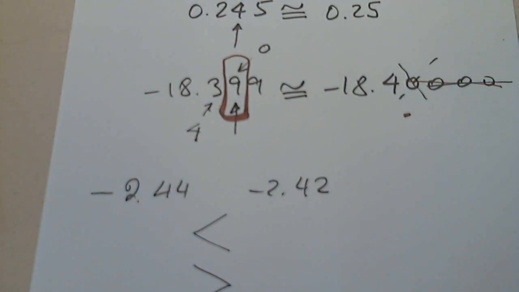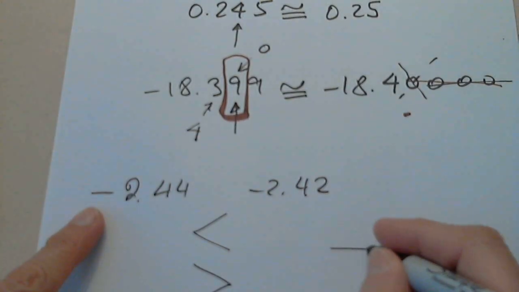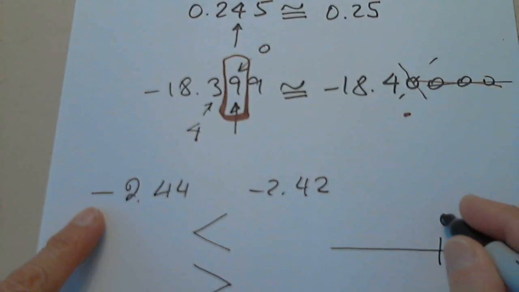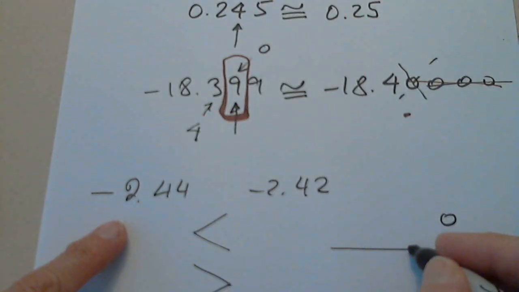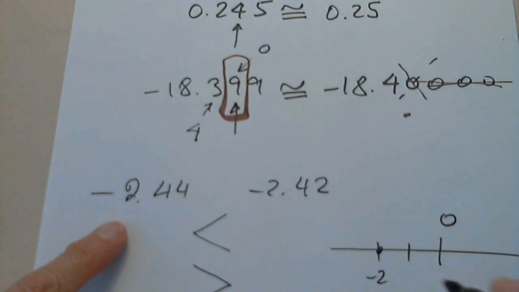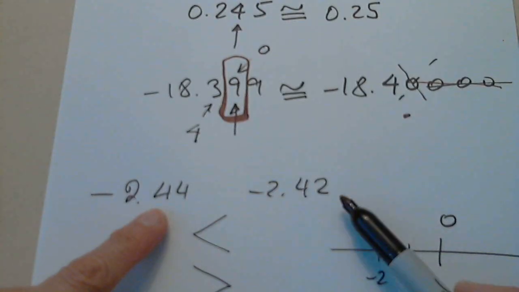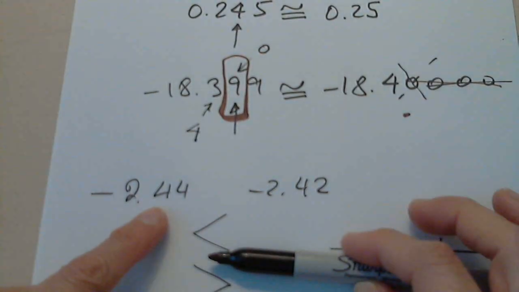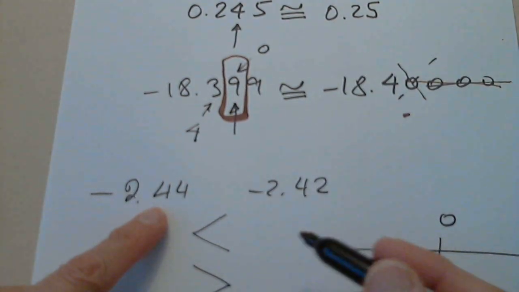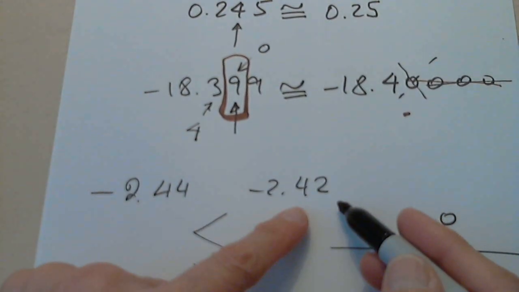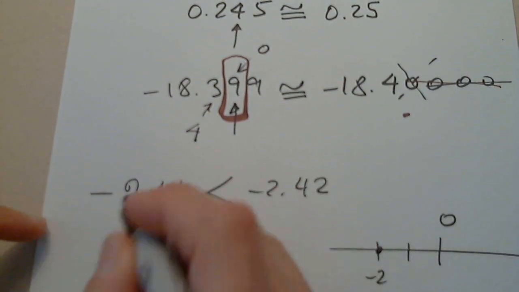So here's how we compare. First of all, you have to be careful because these are negative numbers. On the number line, they are both at negative 2. But now, is 44 or 42 further to the left? 44 is further to the left than 42.